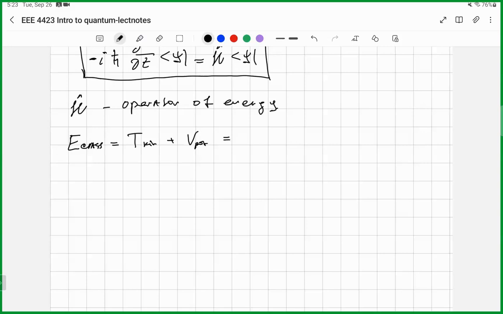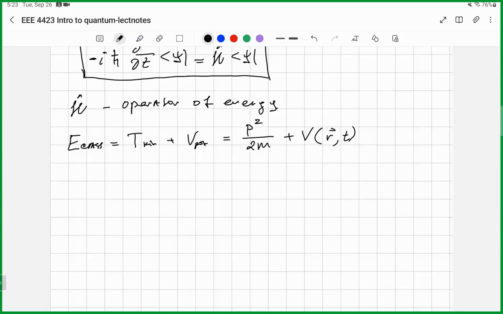For a single particle in a potential, it is given by the square of momentum over 2m, where m is the mass of the particle, plus the potential itself, which can be a function of coordinate and of course also a function of time.